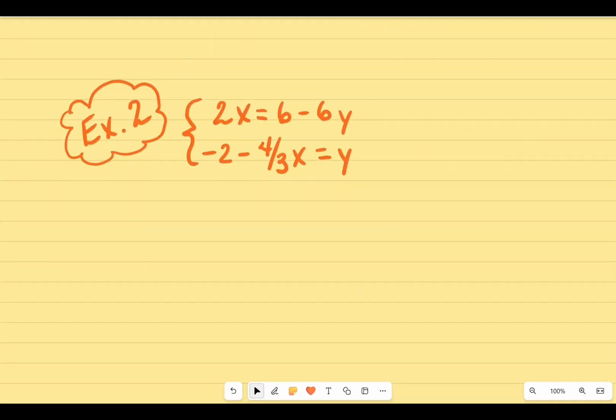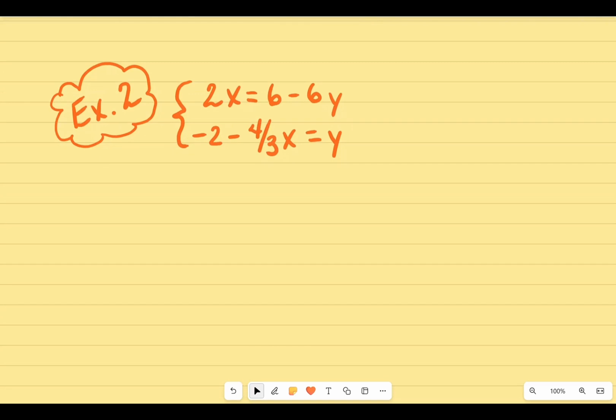For example 2, I have another linear set of systems, and it really is up to you how you want to rewrite this. I personally want to rewrite it where both my x's and y's are on the same side. So since x is already on this side on the top one, I'm just going to move that -6y over. And anytime you move a term over from one side of the equation to the other, you have to change the sign.